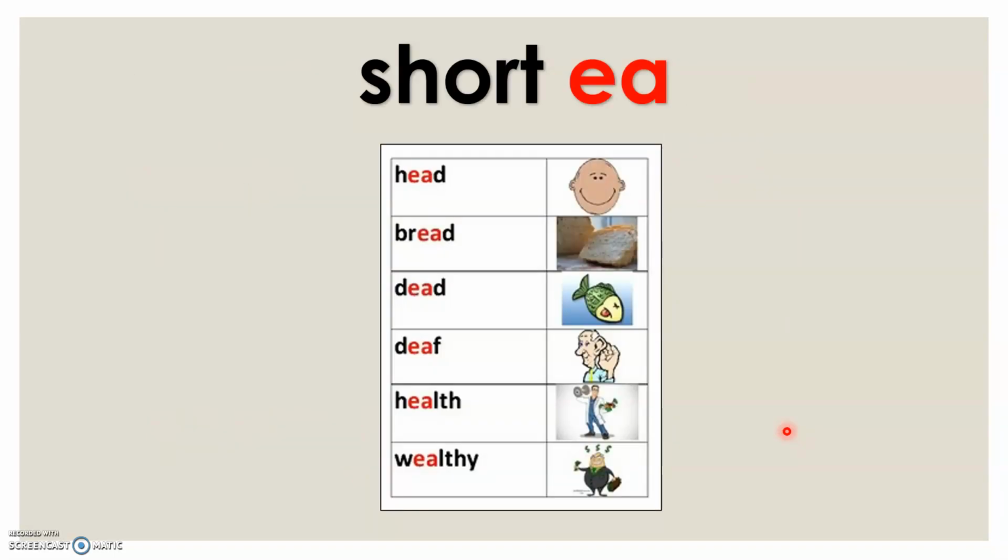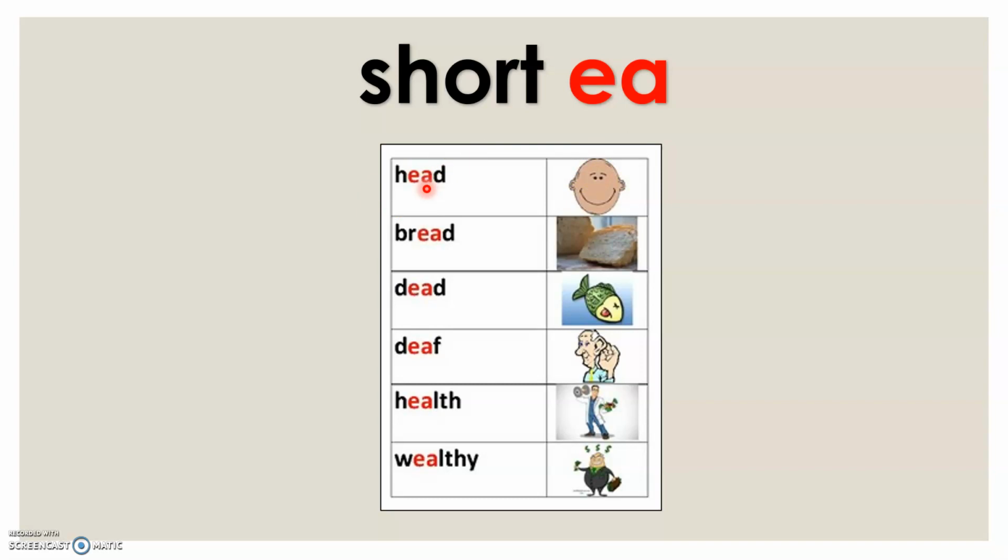Speak, long E sound. On the other hand, we have different words that have the short E sound. So the E will not say its name. We're going to hear a short E sound instead. Like, for example, head. Look at the word. We have two vowels, right?